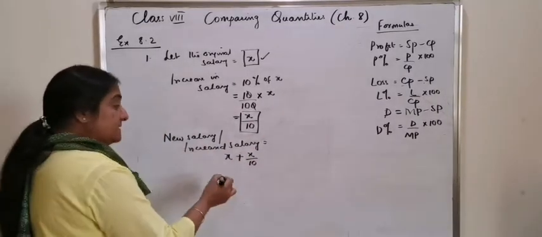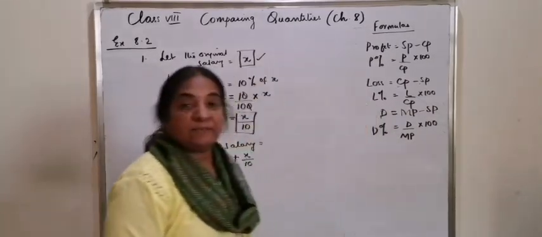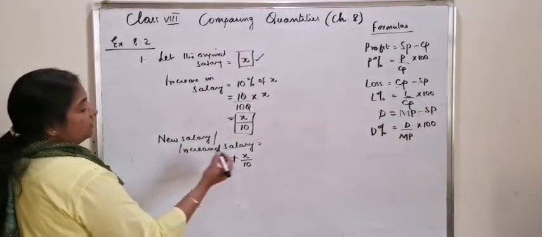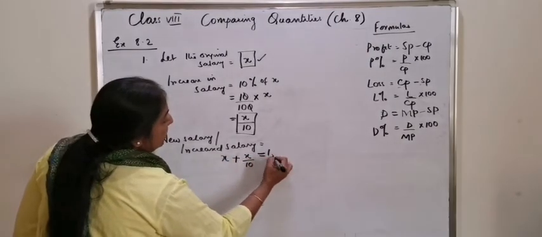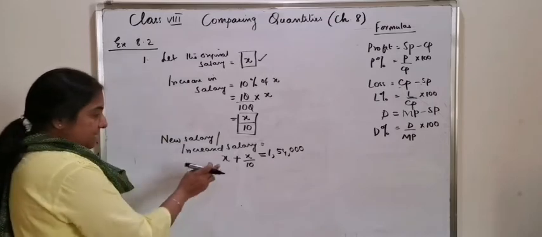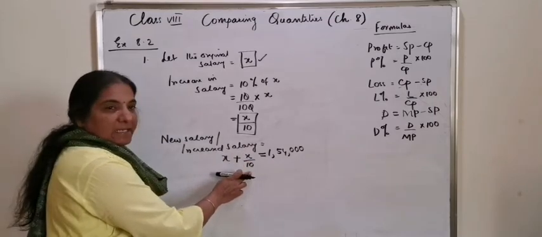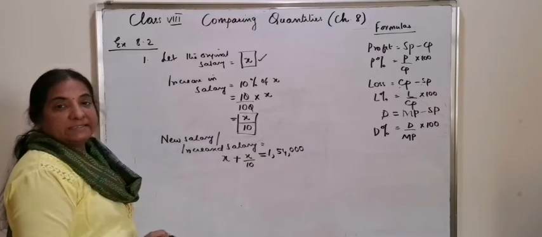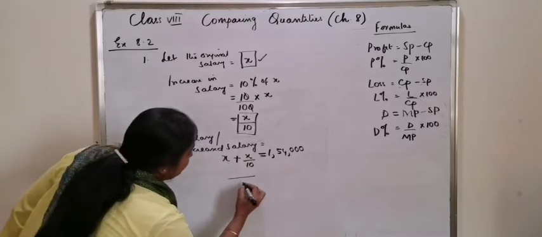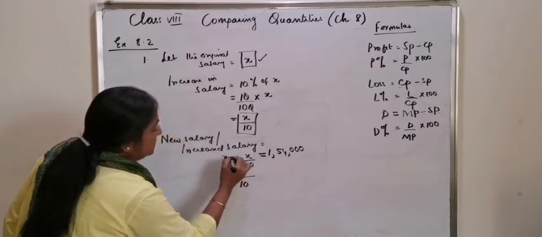And it is said that the increased salary is 1,54,000. They already told that it is 1,54,000. That means the original salary plus the increase in salary is giving you the current salary. Let's take the LCM. LCM is 10.